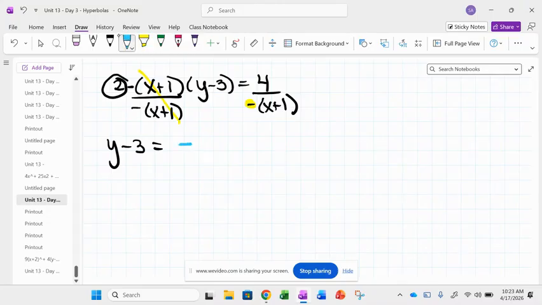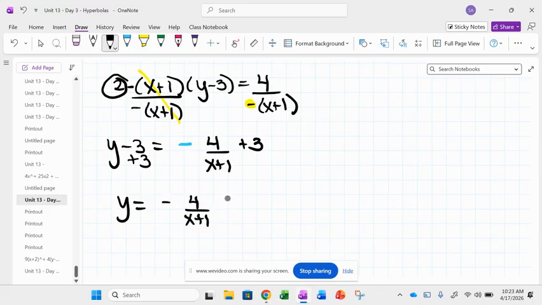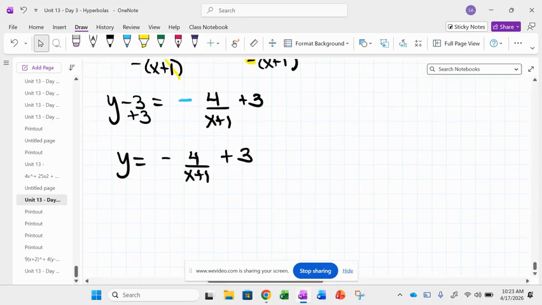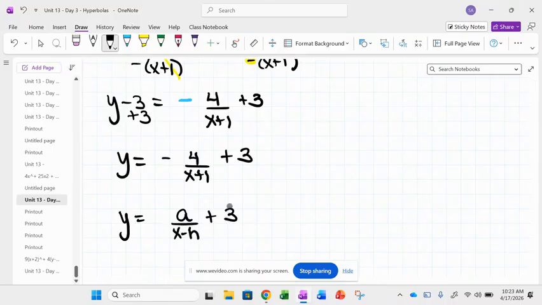So I'm going to say the negation of 4 over x plus 1. And my last step will be to add that 3 on both sides. So now we're going to have y is equal to the negation of 4 over x plus 1 plus 3. And now this is beautiful because it absolutely fits the format of a over x minus h plus k.